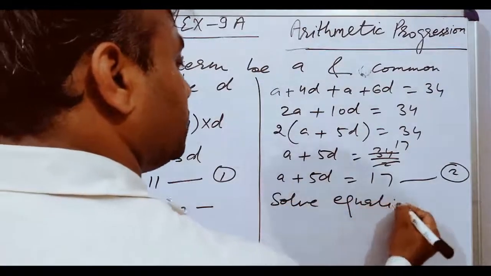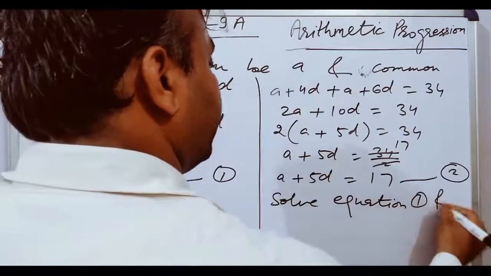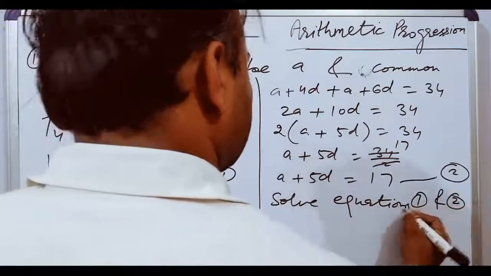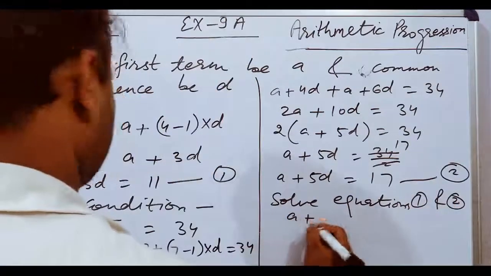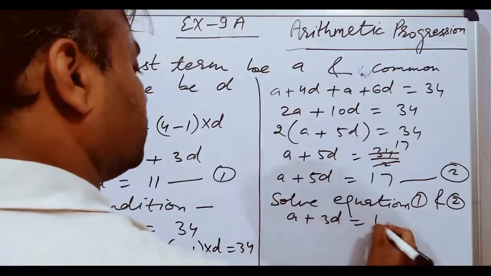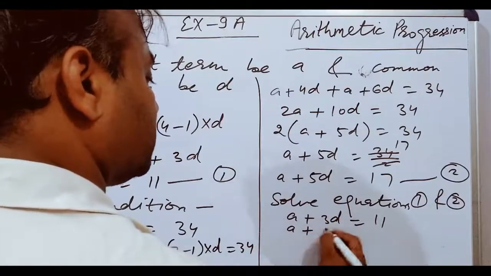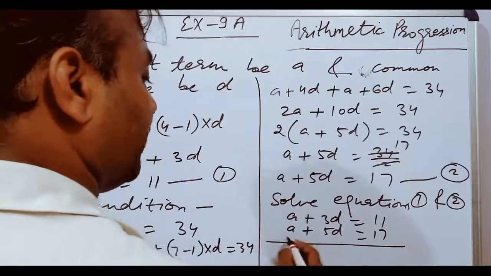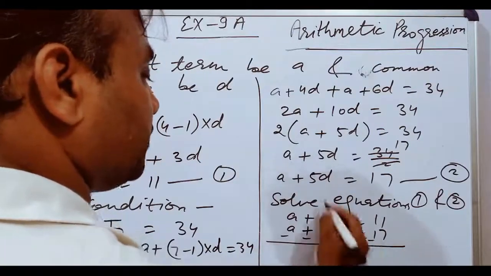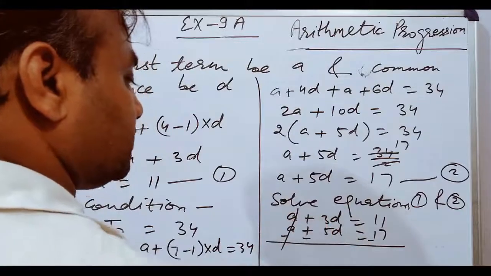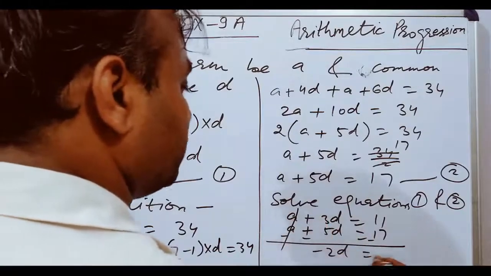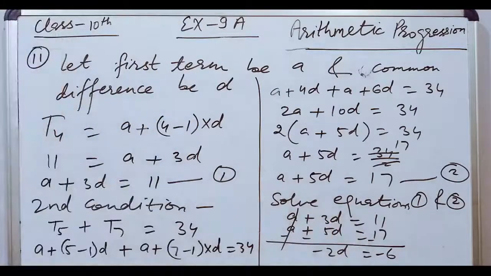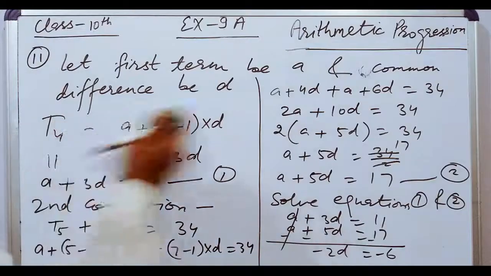Solve the first and second equations. A plus 3D equal to 11, A plus 5D equal to 17. Now by subtraction, okay, because the same signs are there, A is cancelled. This gives minus 2D equal to minus 6.